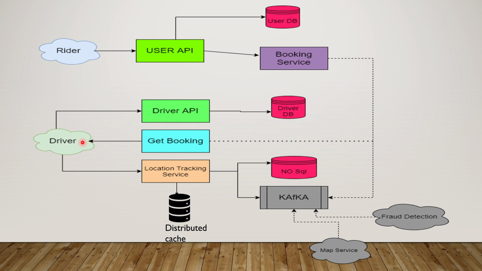If the driver accepts that booking request, then this driver will be matched to the rider and his detail will be sent back to the booking service, and the booking service will give back to the rider that okay, this driver is coming to pick you up. If he cancels that request, then it's gone. Basically, there will be no match and some other driver will be sent a similar kind of request. So there will be something like this.